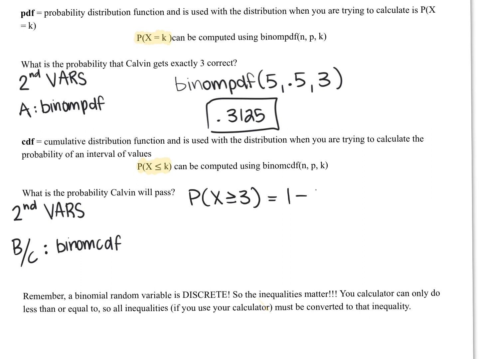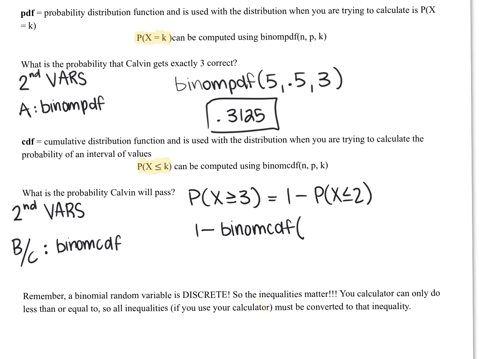So I'm going to do 1 minus, and the probability he fails is the probability he gets less than or equal to 2 problems correct. In my calculator, I'm going to do 1 minus, then second vars, and go to binom CDF.